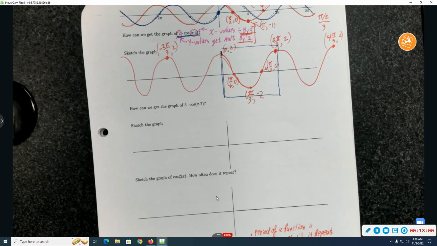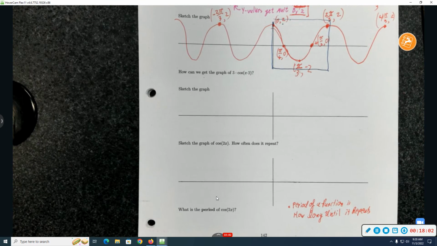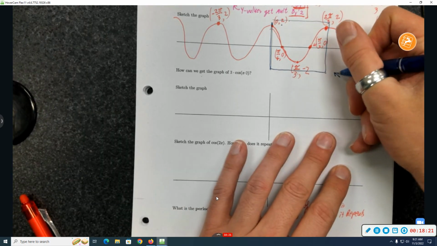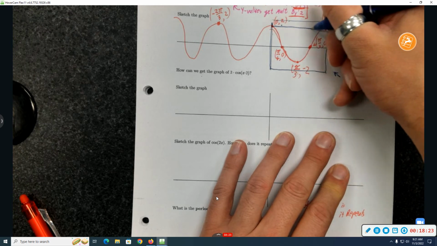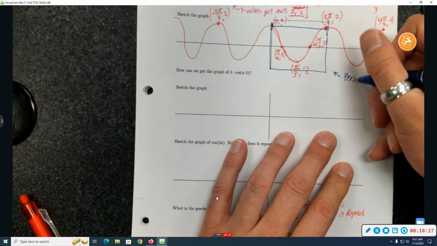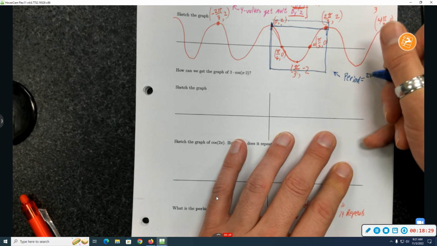That is, how far to the left or to the right do you have to shift it before you see the exact same thing again? So what's the period of that function? How far to the right would you have to shift it to get the exact same graph? 2 pi over 3. So if you like, this length is the period. Period equals 2 pi over 3.